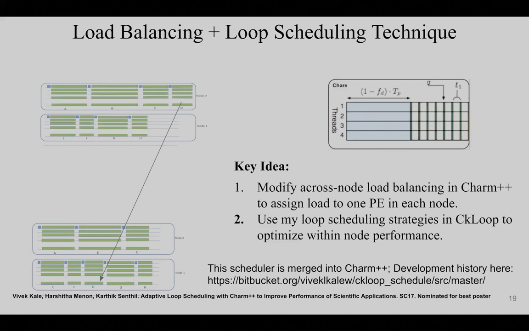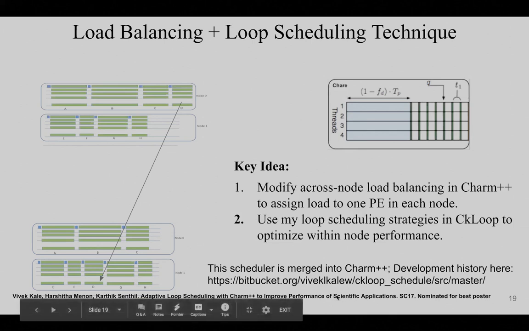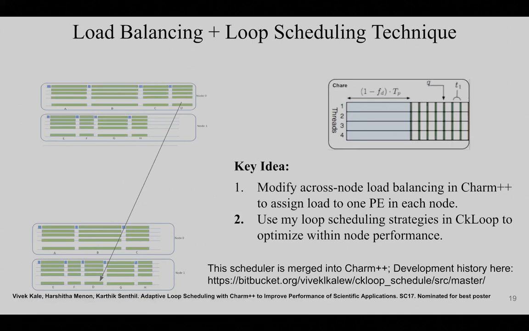That involved using an existing runtime system that had cross-node load balancing and augmenting it with within-node loop scheduling, and then synergizing it together so that we would have this mechanism that improved performance through these two complementary techniques. And this resulted in a poster which was at SC17, which was also nominated for a Best Poster.